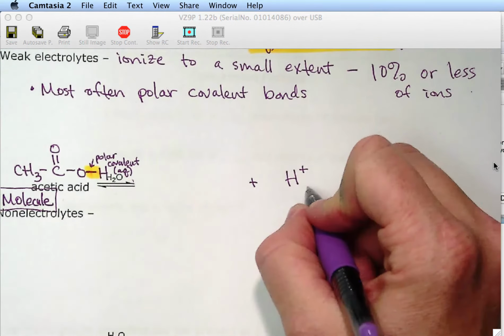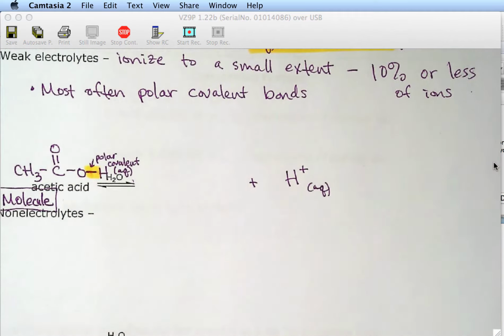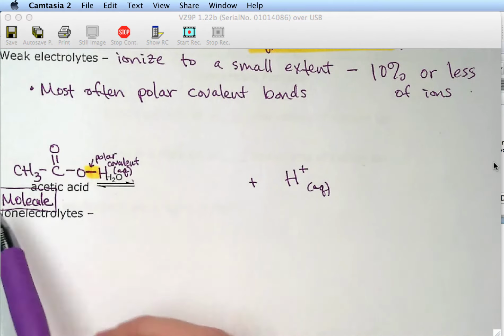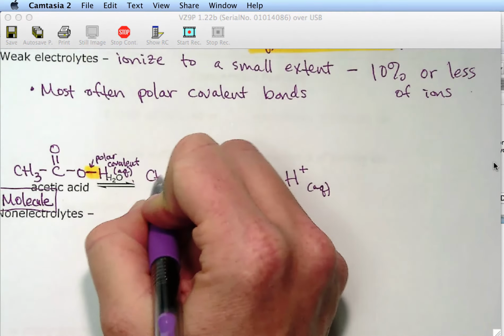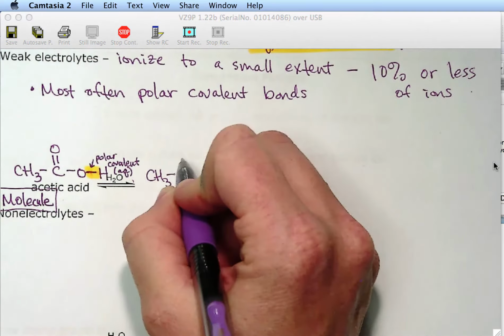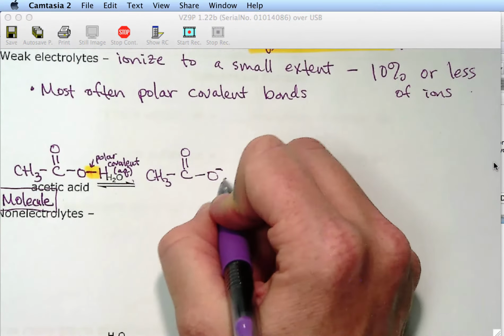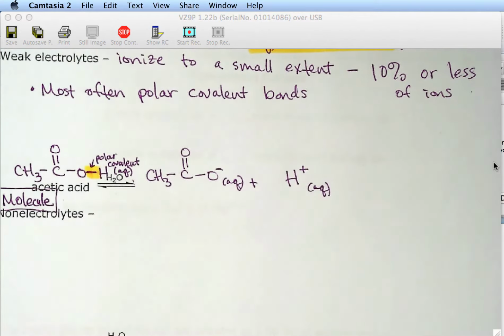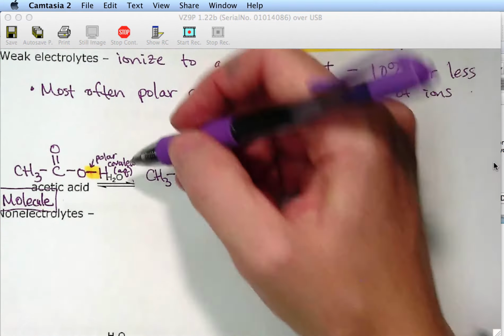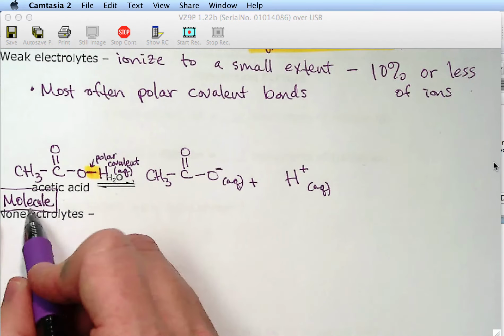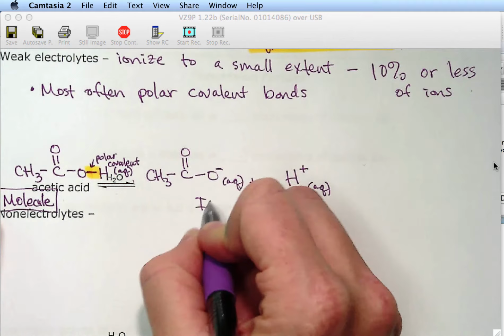And then what's left over if you have an H plus? Excellent. So you have a minus. So that's the other part. Acetic acid has a choice whether to be a molecule or whether to be ions.